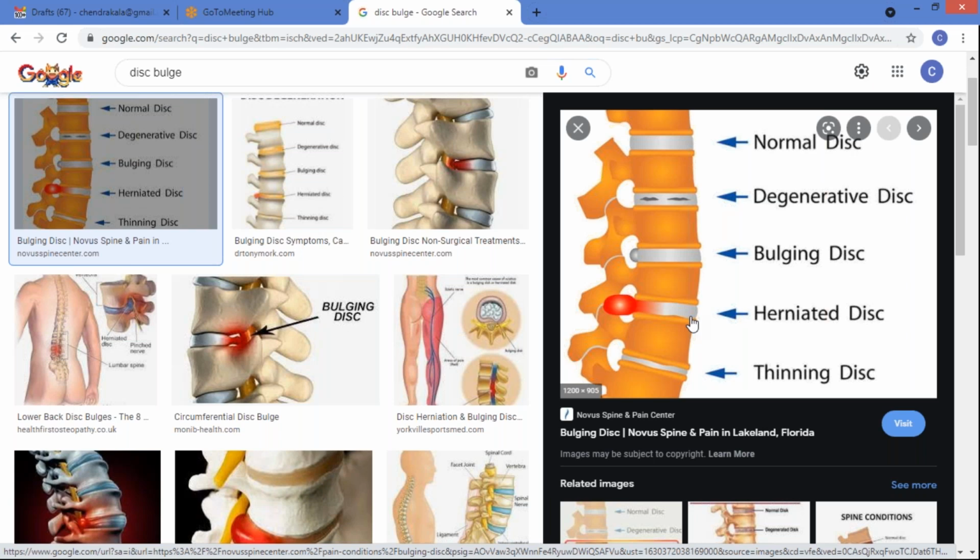They undergo surgery. During the surgical process, they dissect this herniated portion, which means they cut this portion and remove it. The herniated portion will be removed.